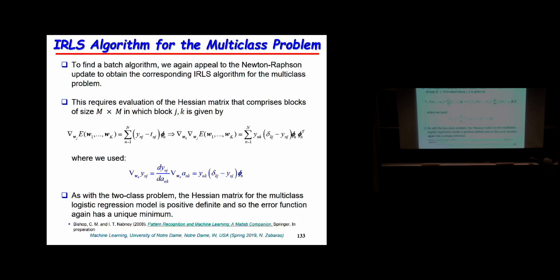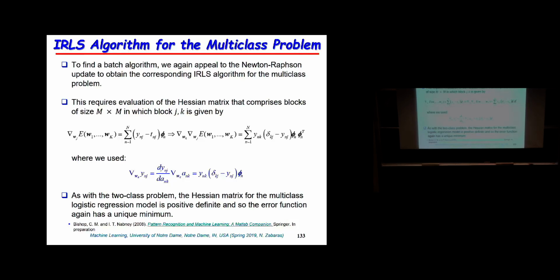So for the Hessian, the second derivative with respect to the w's, we will have this, but then we will need the derivative of y with respect to alpha k, and then the derivative of alpha k with respect to Wk, which will give you a phi transpose there. So when you finish, you actually get the Hessian analytically by this very nice formula.